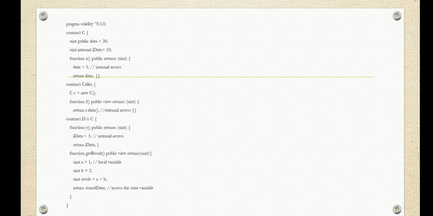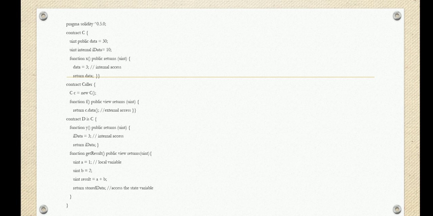So we create an object, small c. In the contract Caller we define the function f. There we try to access c.data. We created the object, so c.data belongs to the contract C, and that is what we are accessing. This is called external access.